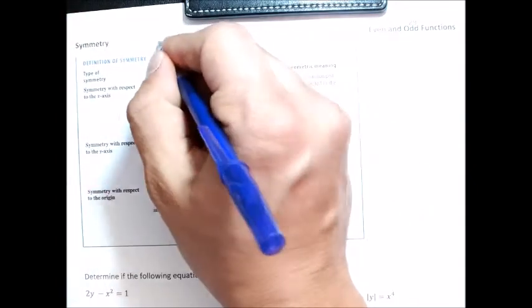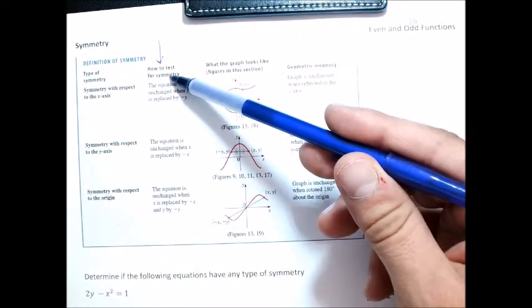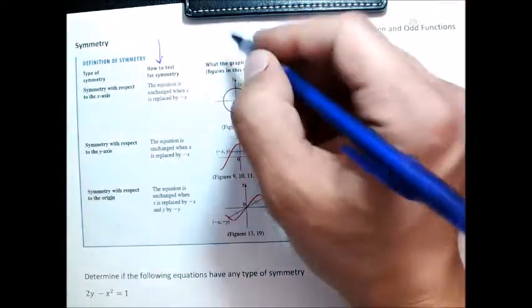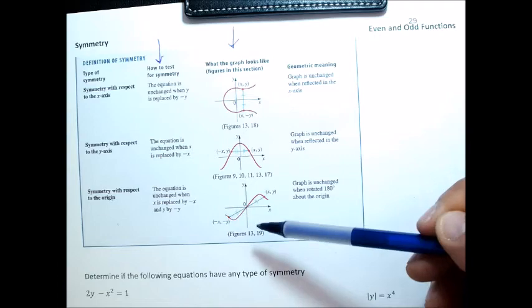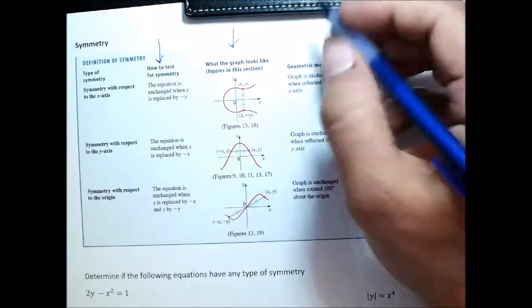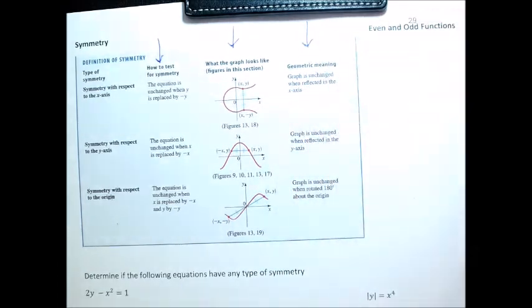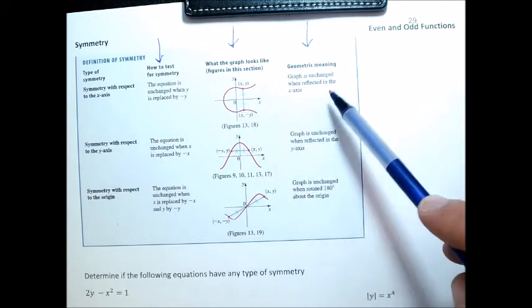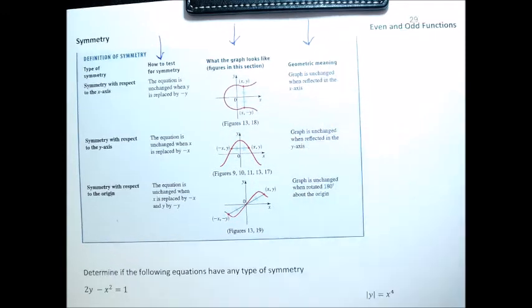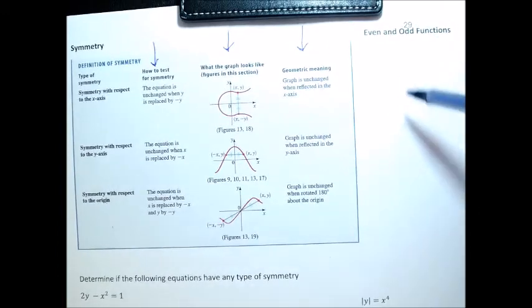The second column tells us how we test for that type. The third column is a pictorial representation of what that type looks like. And then the fourth column is a geometric meaning, basically explaining the visual part in words. And then I'm going to add something on the right here in terms of even and odd.